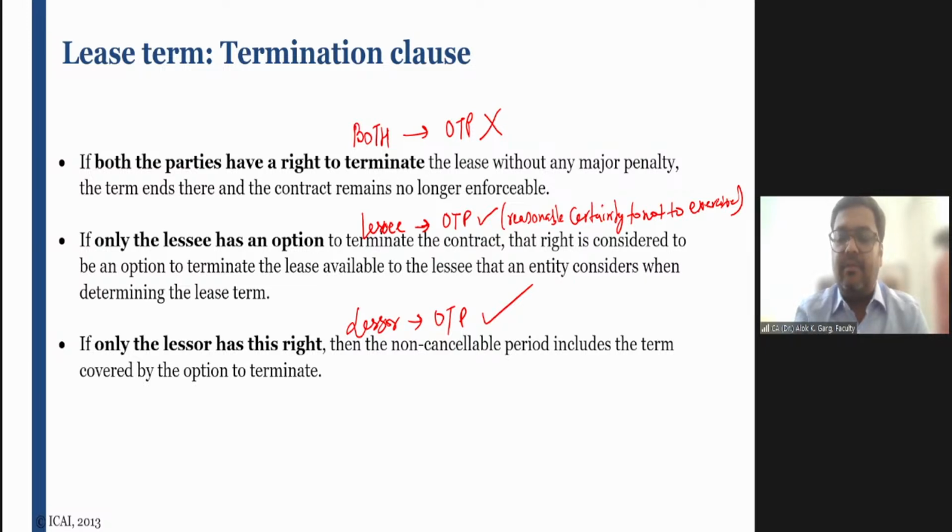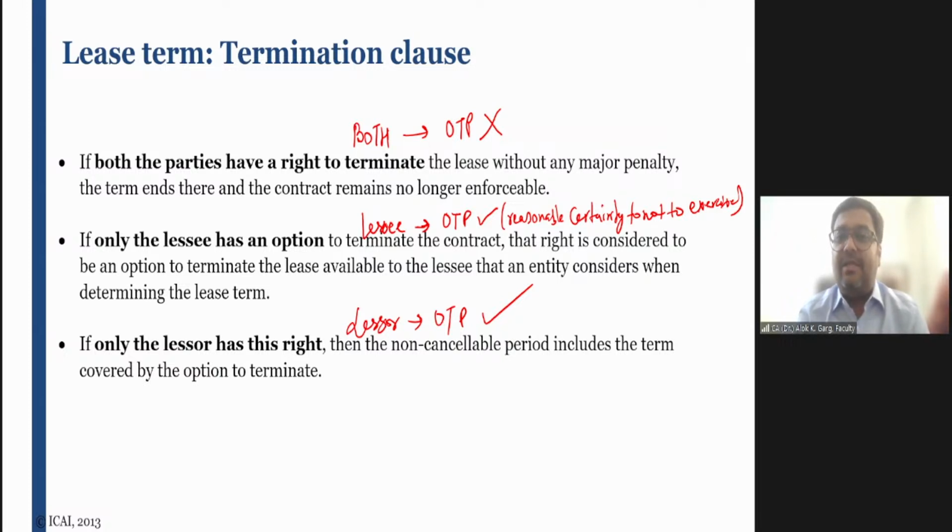Okay. So in this case, if both the parties have a right to terminate the contract without any penalty, in that case, the optional termination period is not required to be considered, right? For example, lessee wants to continue, but since both the parties have the right, lessor does not want to continue, right?